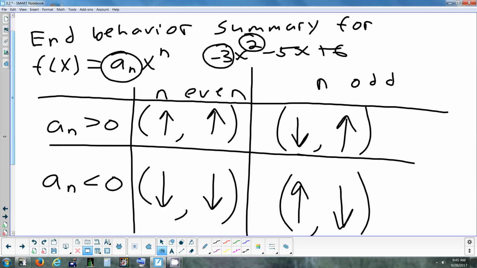First, you have a column for even polynomials and then a column for odd. And then you have a row that says your coefficient is greater than 0 or less than 0. So the particular problem I wrote, negative 3x squared, that's a negative coefficient, even degree. You're right there. I don't know all the little twists and turns that are going to happen in the middle, but I do know it's going to go down on the left, down on the right.